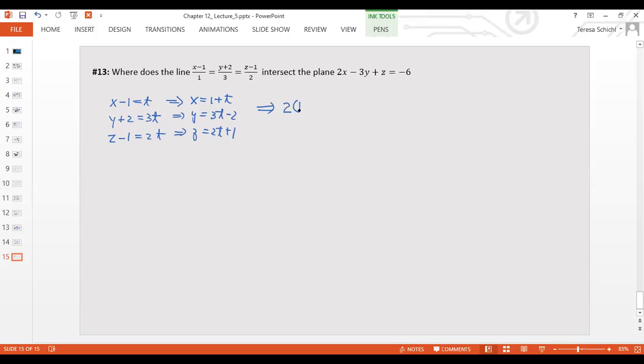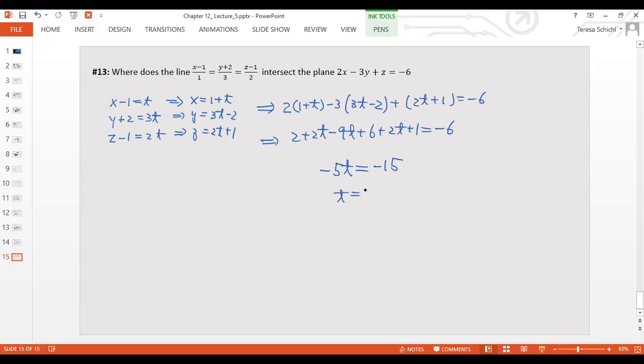So x is 1 plus t, minus 3 times y, which is 3t minus 2, and then plus z, which is 2t plus 1, equal to negative 6. Then I'm solving. So this is 1 plus t minus 9t plus 6 plus 2t plus 1 equal to negative 6. Right? So when you simplify, I get negative 5t is equal to negative 15.